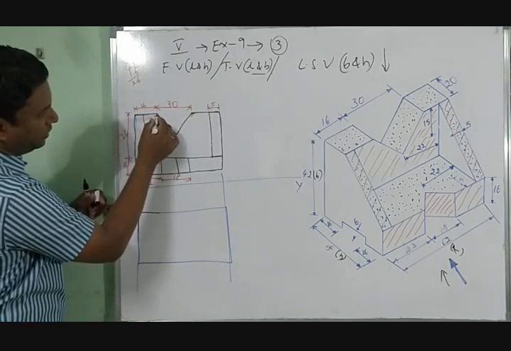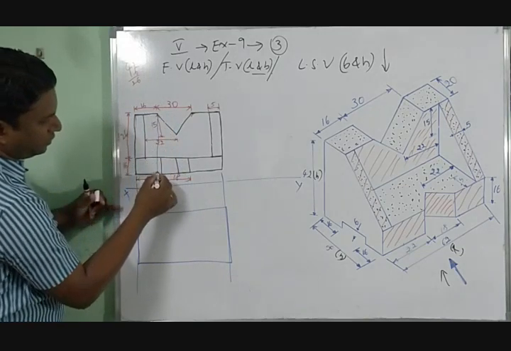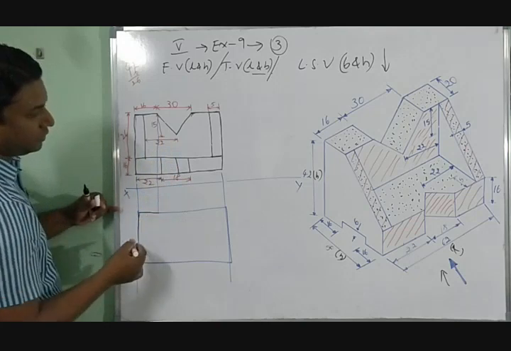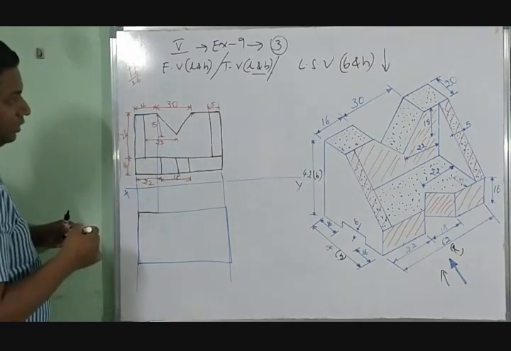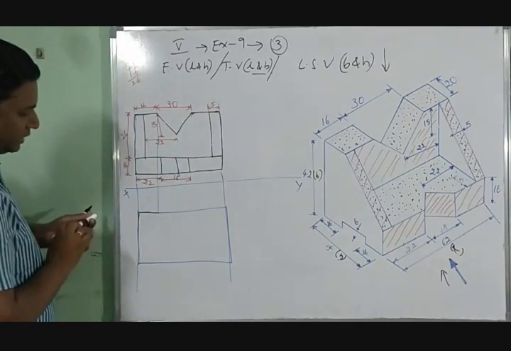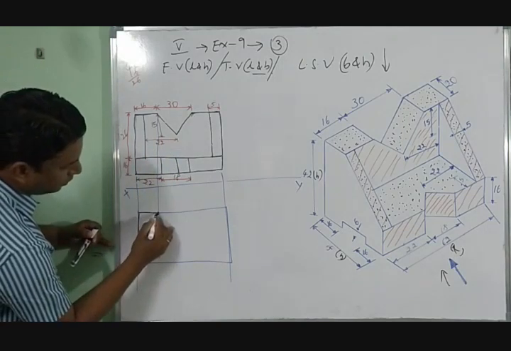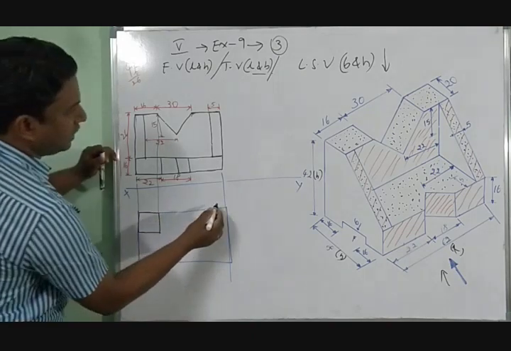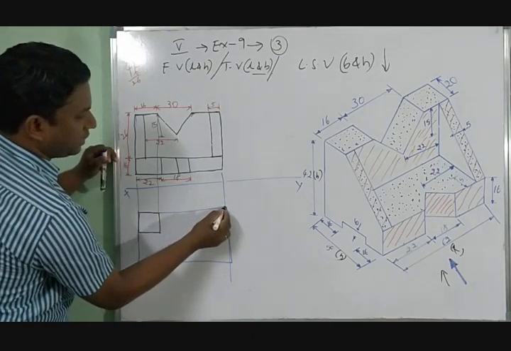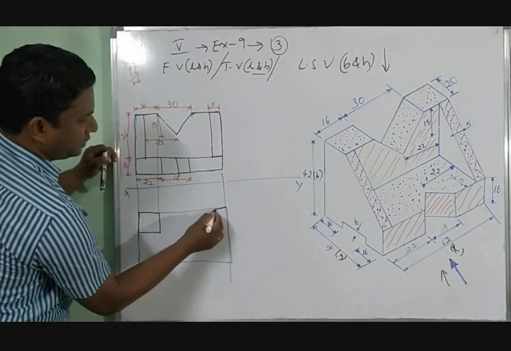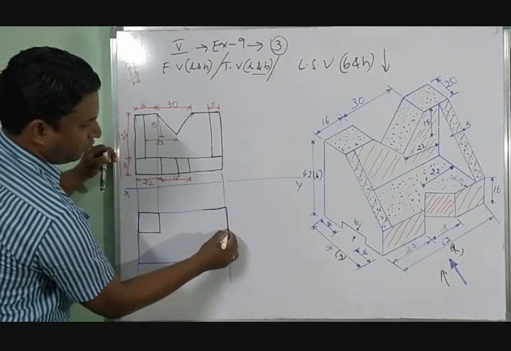See from this it has to be verified. 16 by 20. See here that becomes 16. Now it is 20. Box. Same way from here. This also can be verified from the top. 16 by 20.